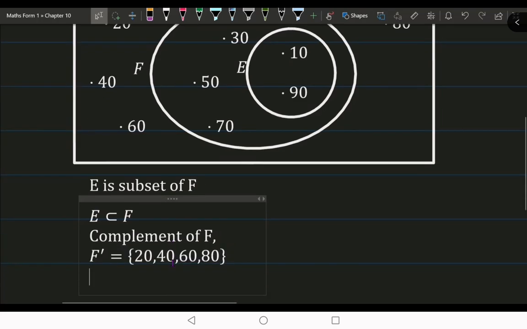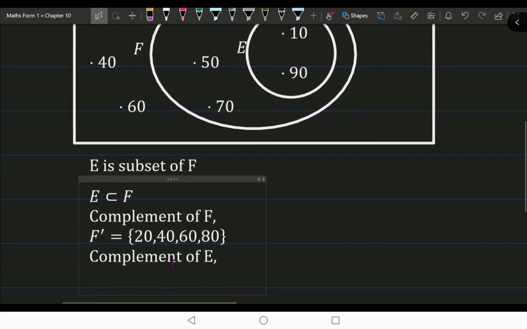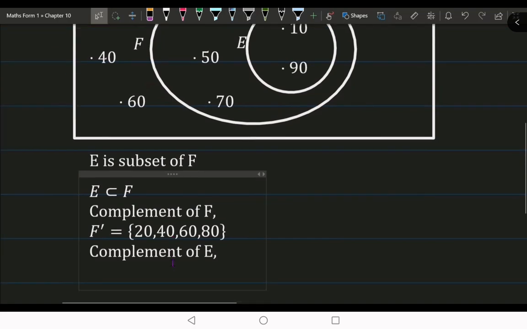If we talk about the complement of E, we can simplify the symbol as E prime.